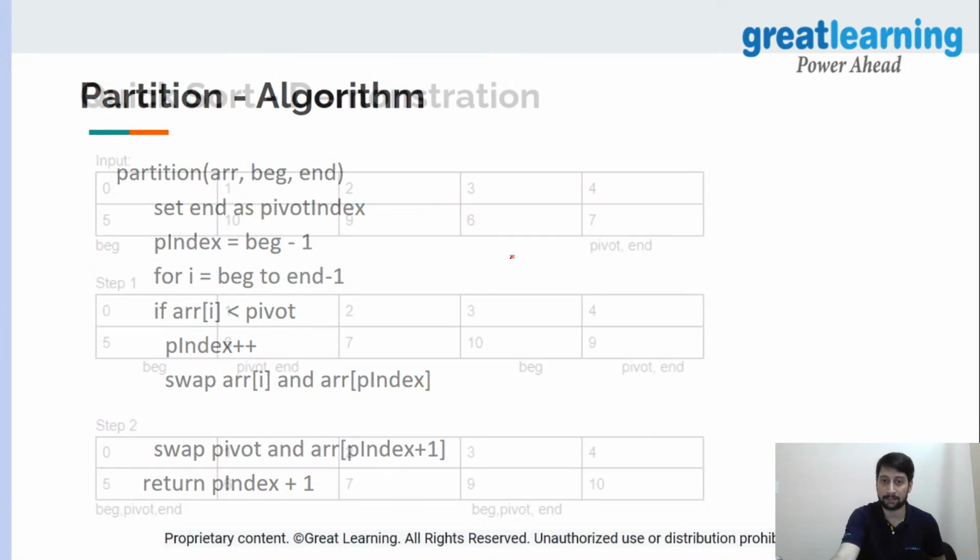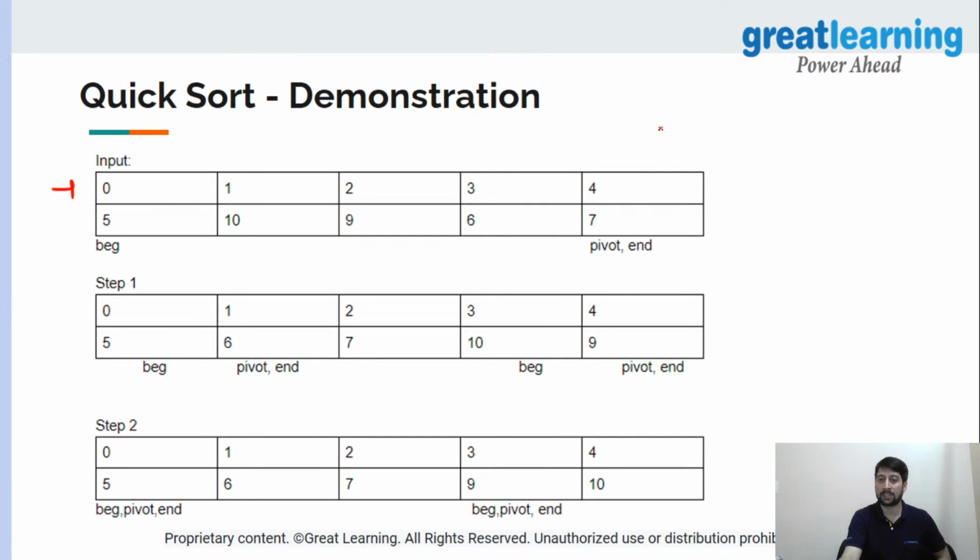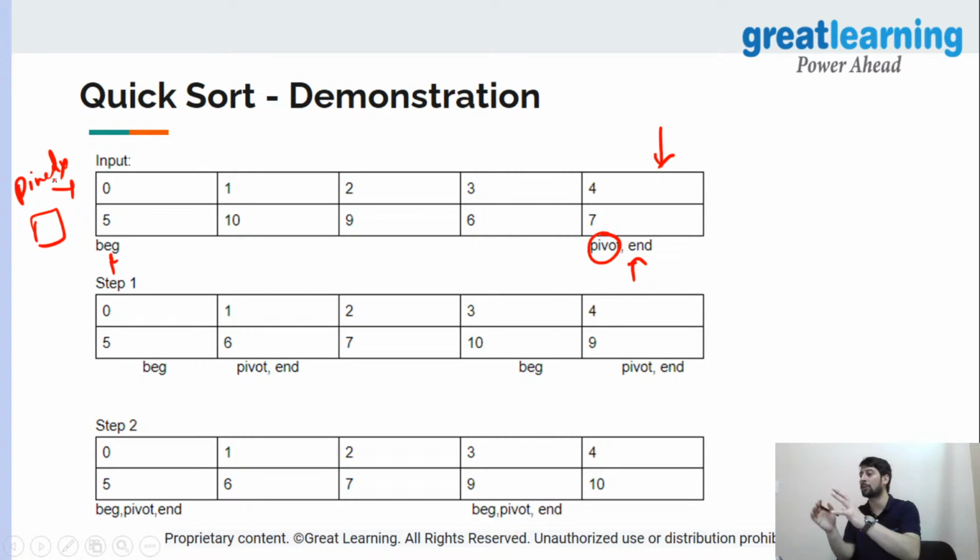Now let me pick an example. This is your pivot, this is your end, this is your beginning. Once you have picked up this element as your pivot, you have a pivot index, p index, which will help us arrange the array in such a way that all the elements on the left hand side are less than pivot, and all the elements that are greater than pivot will be on the right hand side.